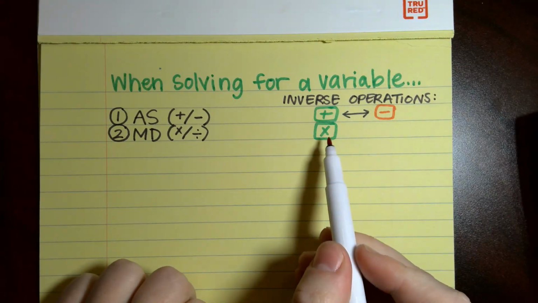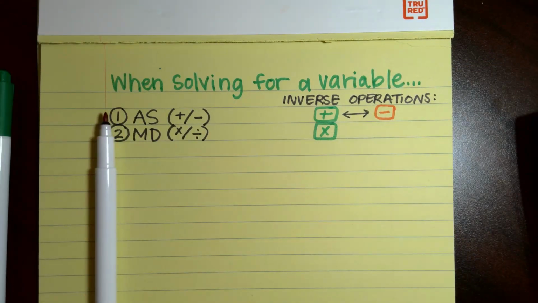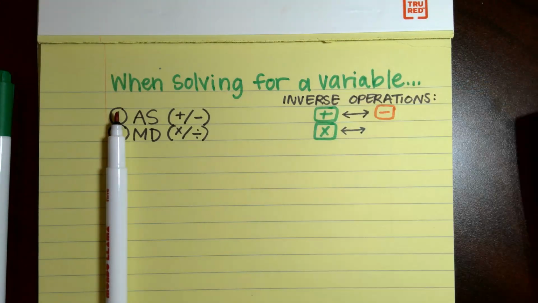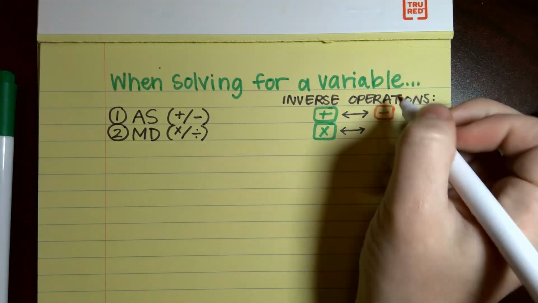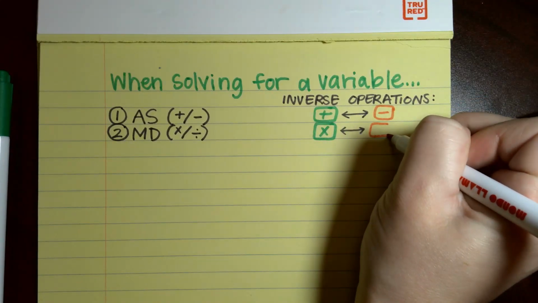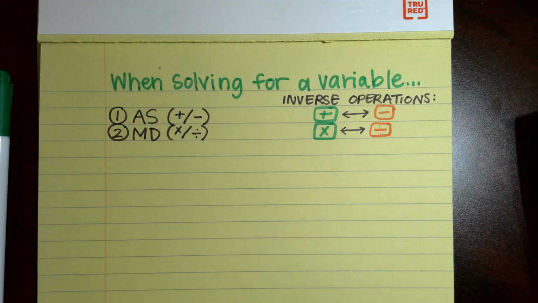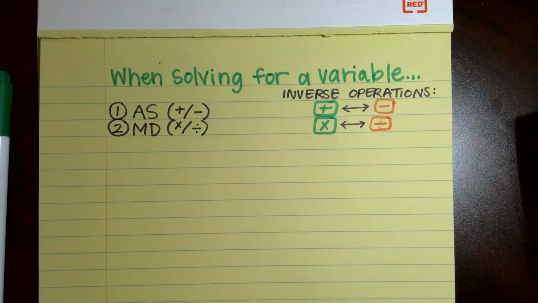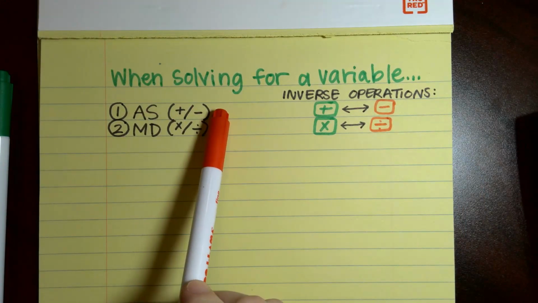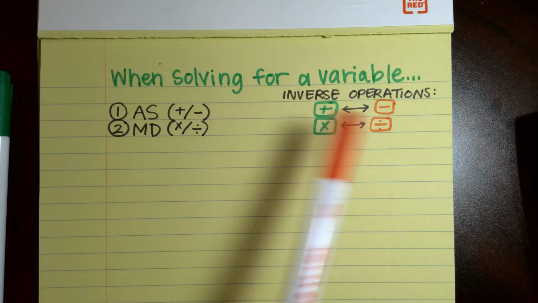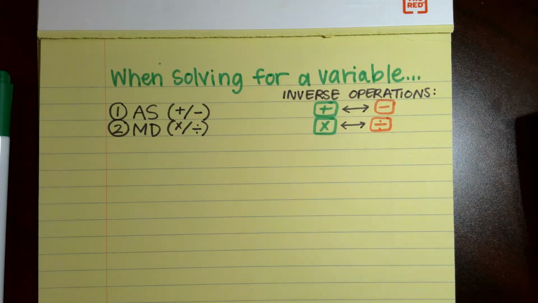And if we had multiplication, the inverse of that would be division. So up to this point, every equation that we have solved has followed these rules. We start with addition and subtraction, then we do our multiplication and division, and we're always using inverse operations.